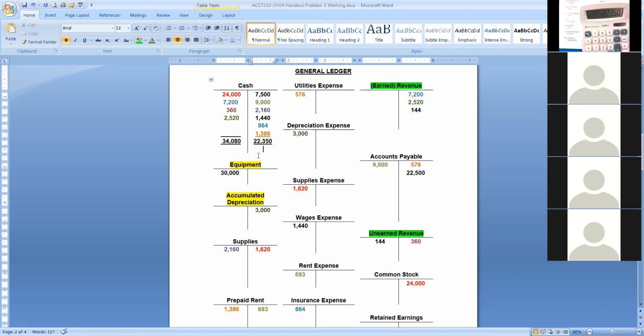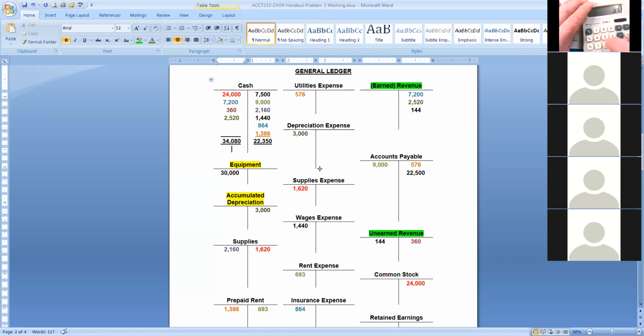Okay, so here's what we're going to do. So cash, we have two numbers here. And what we do is we subtract them and the biggest side wins. What I mean by that is we have more debits than credits. So we're going to subtract them, 34,800 minus the 22,350. And that will give us the balance in this account.